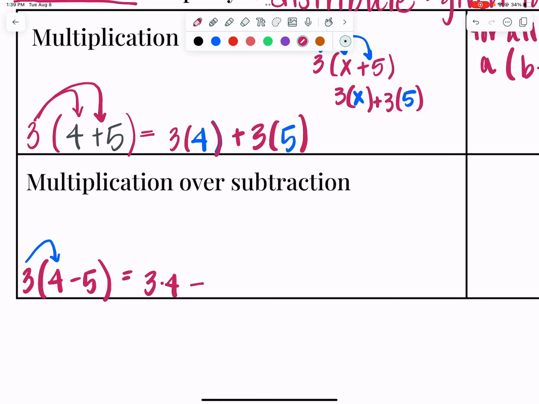Minus, because of that minus, 3 times 5. If we were to, let me go make my notation the same.